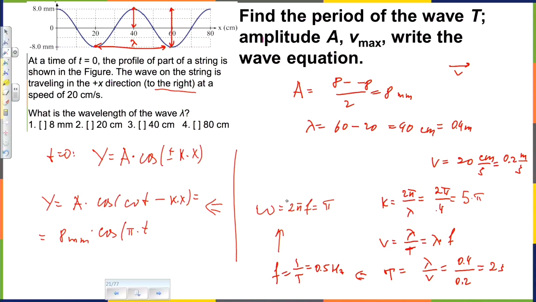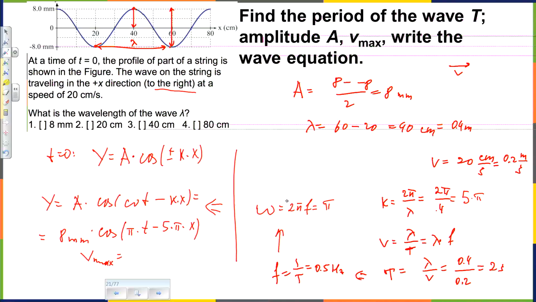pi. We have two running variables, time and location x coordinate. And even we didn't ask, oh no, we did. Yeah, we can calculate the maximum speed, Vmax, the maximum speed of oscillations.